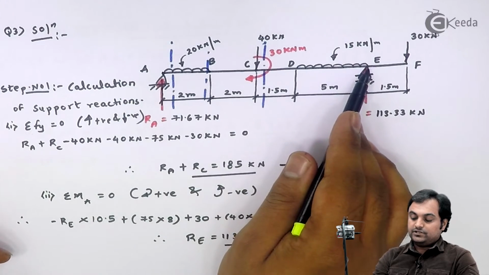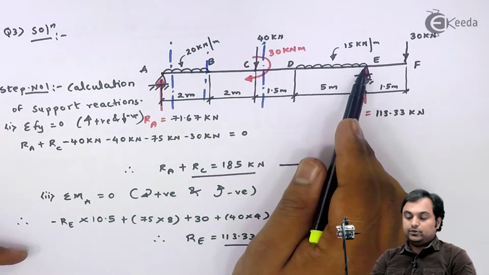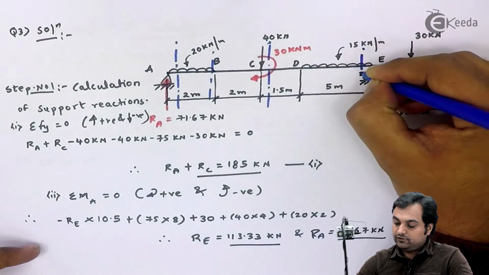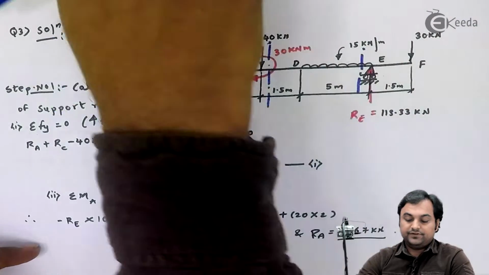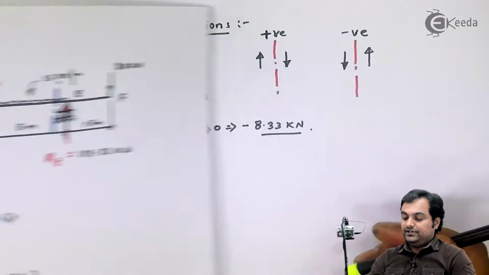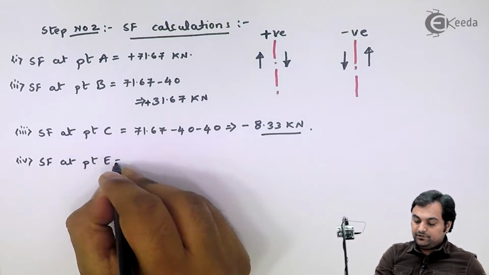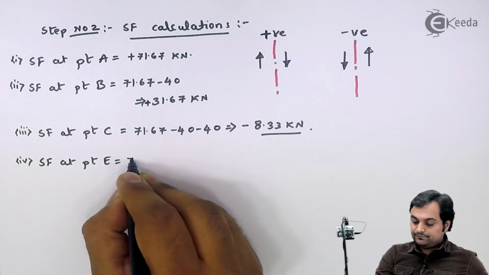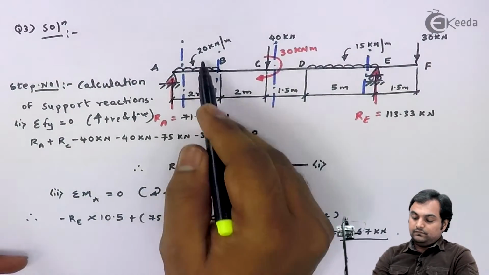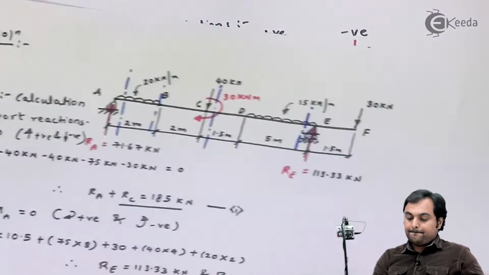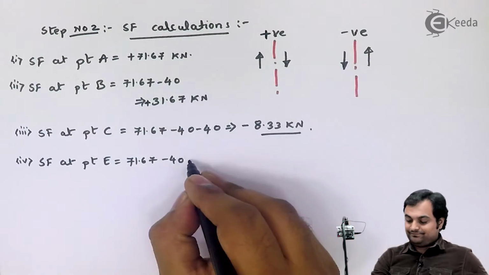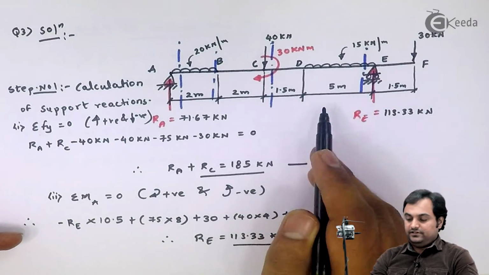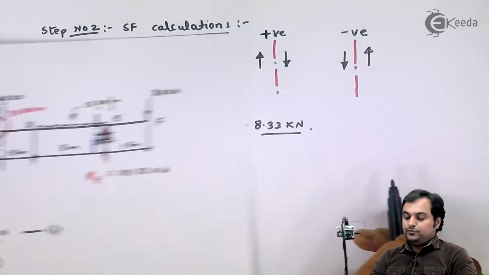Now after this shear force at point E, here also I will be having two values. At first to the left of E, where I am not considering reaction at E. So here I have SF at point E is equal to 71.67 minus 40, again minus 40, and then 15 into 5 downward, so again it is negative, so minus 75.